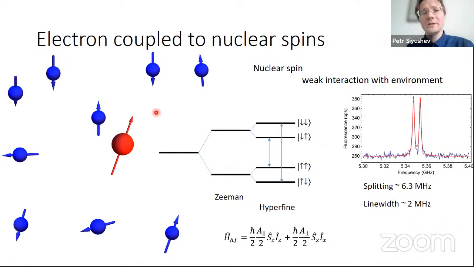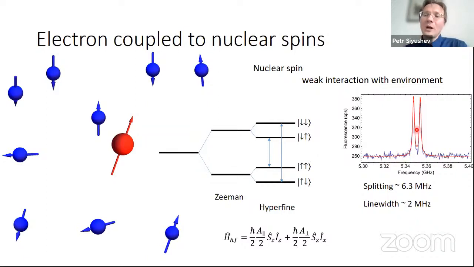And you can always find some carbon-13 in the vicinity of the electron spin of your silicon vacancy defect, for example. And if it's close, then you would have a hyperfine interaction and each Zeeman level would be split further. And now if you scan your microwave frequency along these resonances, you would see this doublet.